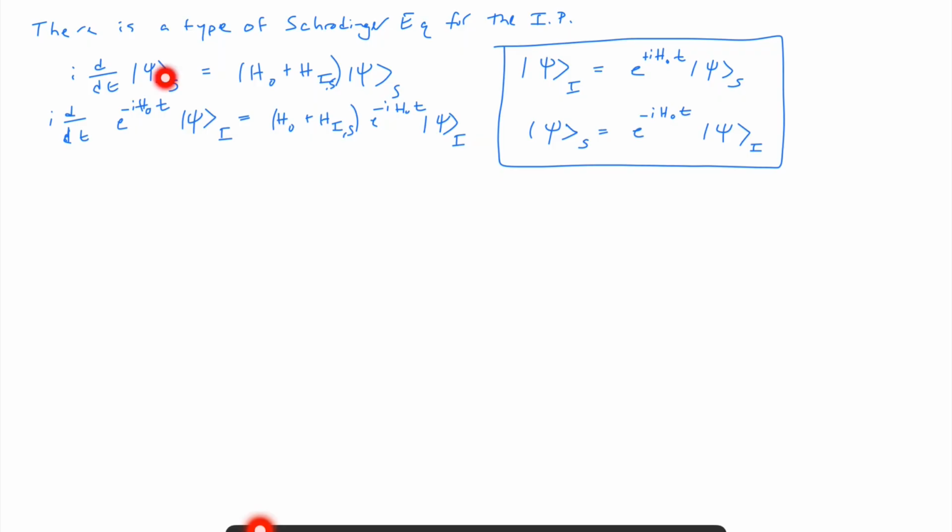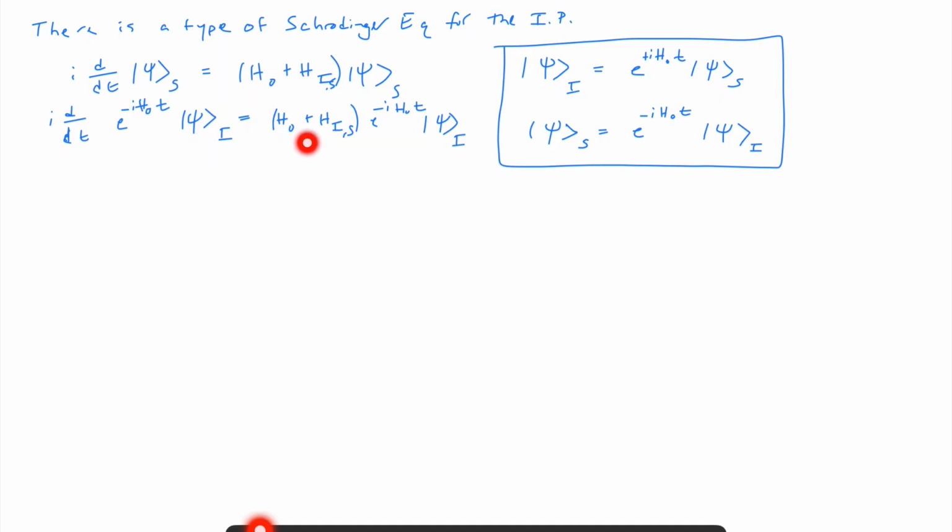Let's try to express things in the interaction picture, and we'll use our formulas and plug stuff in. First of all, this ket in the Schrödinger picture, we can use this formula to expand it out, and we have to switch this ket to the interaction picture ket with this factor of e to the minus iH naught t. And then on this side, same thing.